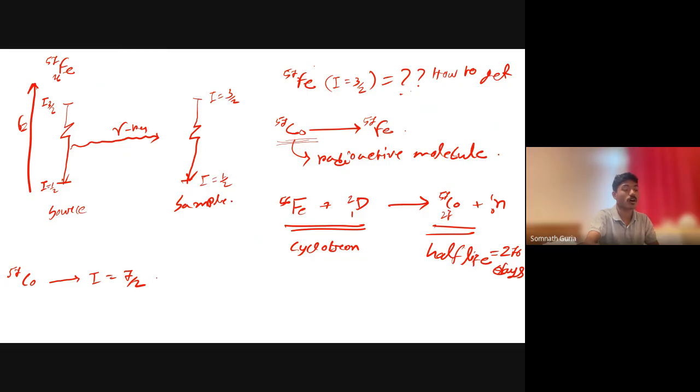So how can you get iron 57 with I equals 3 by 2?